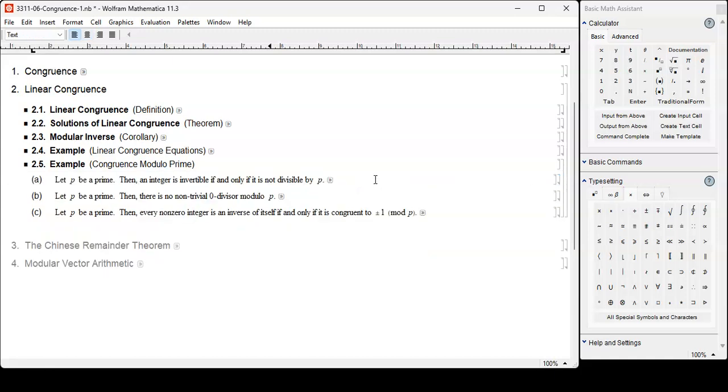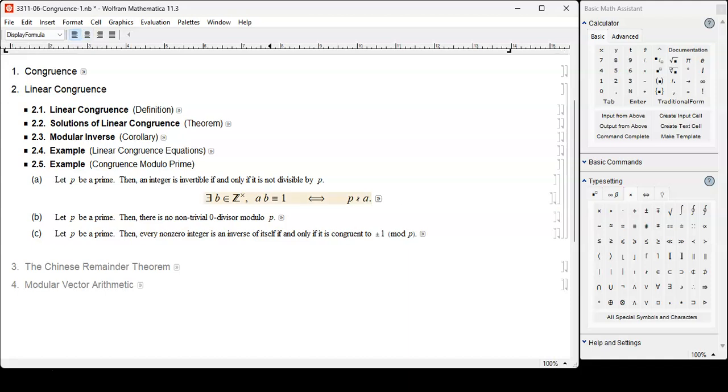And then let's try to set up and prove it. An integer is invertible if and only if it is not divisible by p. There you go. a times something is 1. That means it's invertible. a is invertible. Multiplicative inverse exists if and only if p does not divide a.